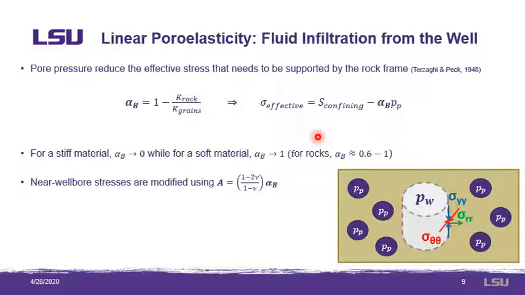Those pores expand or shrink accordingly. His derivation involved a parameter denoted by alpha b, or the Biot's poroelastic coefficient, which is a function of the bulk modulus of the rock as a whole compared to the bulk modulus of the rock grains. For rocks, this coefficient generally ranges from 0.6 to 1.